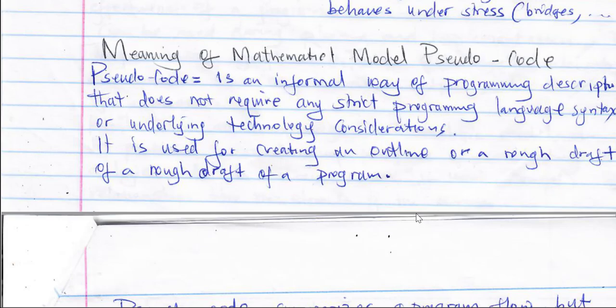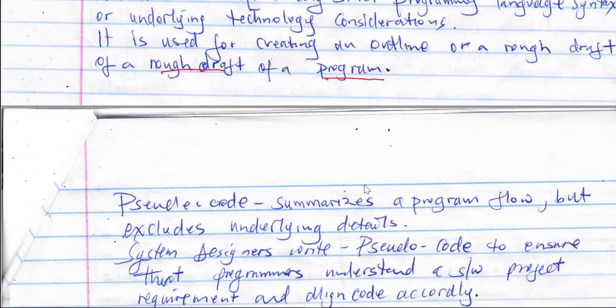At the end, you have to come up with a programming syntax, or an underlying technology consideration, which is the outcome of that pseudocode. You now have to interpret the pseudocode and put it in the coding of a specific language. That's why it is useful for creating an outline or a rough draft of a program. You have to come up with a pseudocode, then you come up with a program. We call that a model pseudocode.